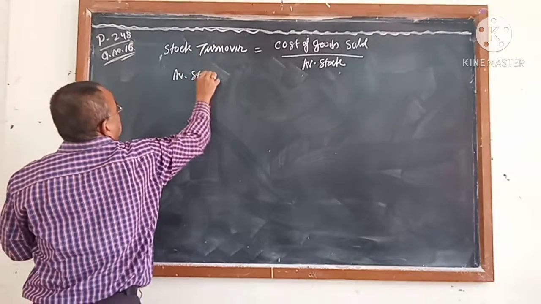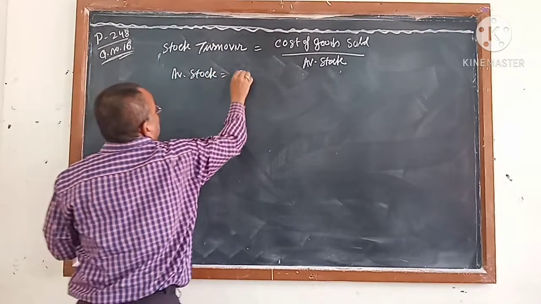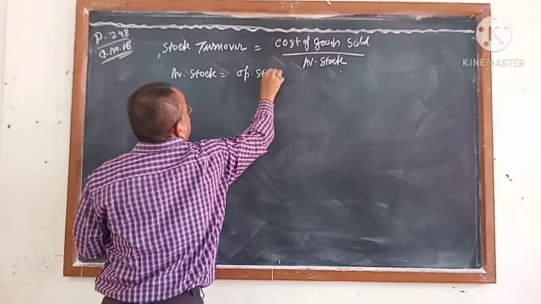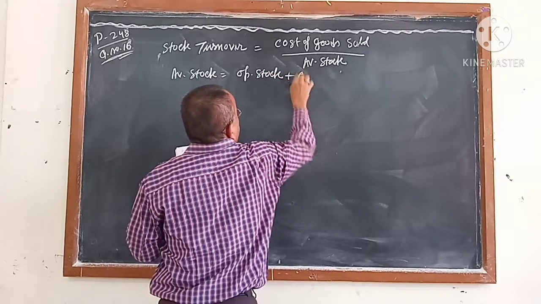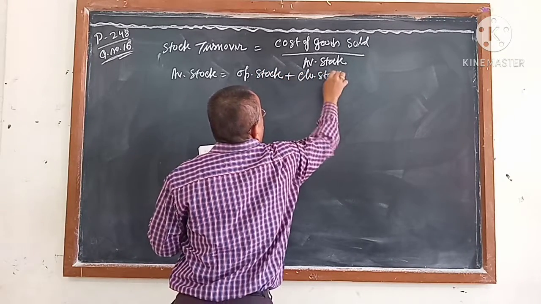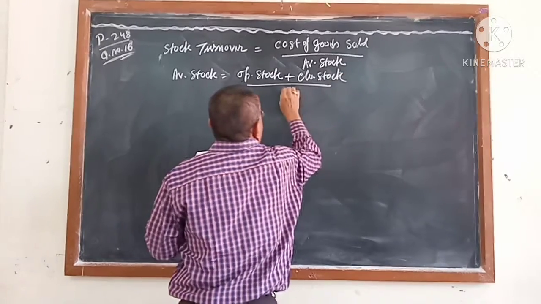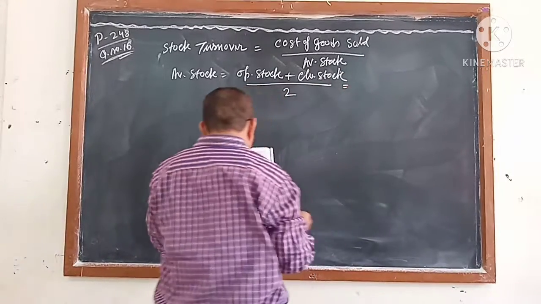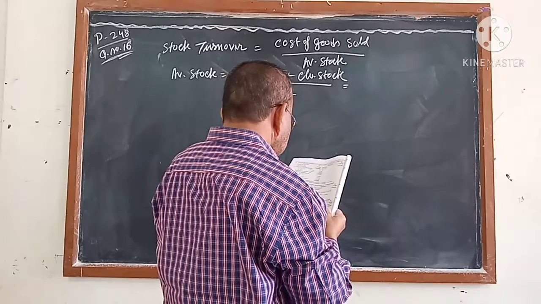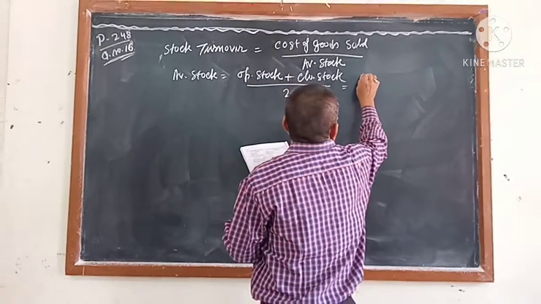Average stock is equal to opening stock plus closing stock by 2. Opening stock, how much is given? Opening stock is given 2 lakh.